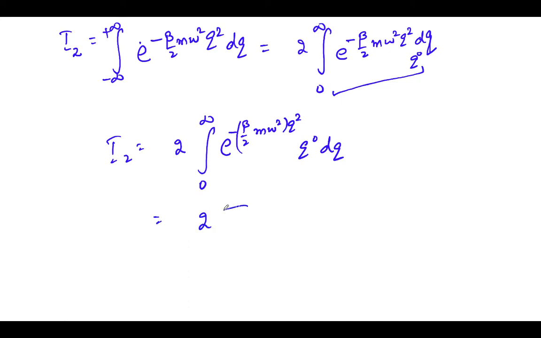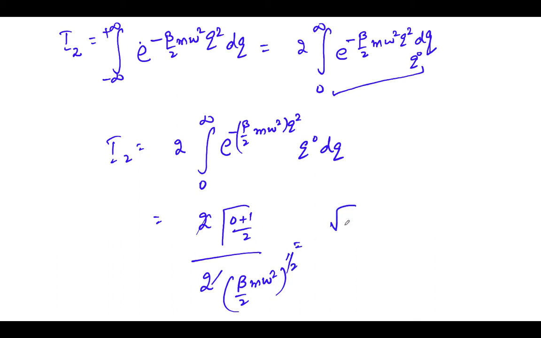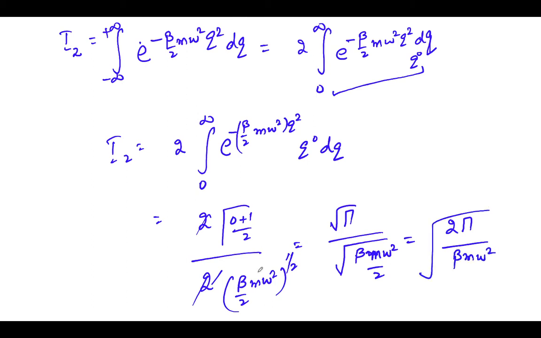So putting the value, here n is equal to 0, so it is 0 plus 1 by 2 times 2 into, and a, so it comes out to be beta by 2 m omega square under root. Solving this, the 2 and 2 get cancelled. So under root pi over under root of beta m omega square by 2. So this comes out to be 2 pi over beta m omega square under root. So this is the value of I2.